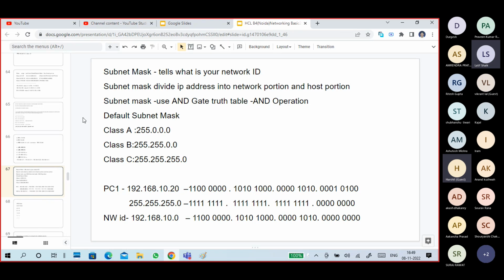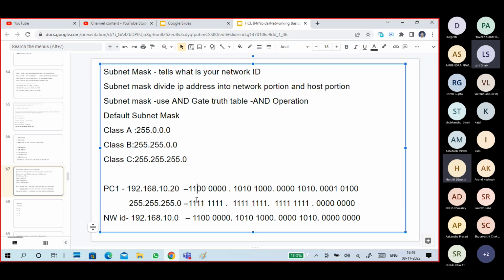Okay. Now, how do we get the network ID? First convert these numbers into binary and do the AND operation. Where the subnet mask bits are 1 1 1, the IP bits are carried over, and where the mask is 0, the result is 0. Going through to the last octet, it is all 0s.